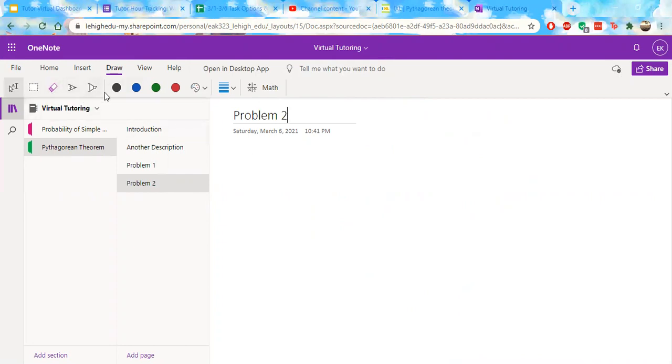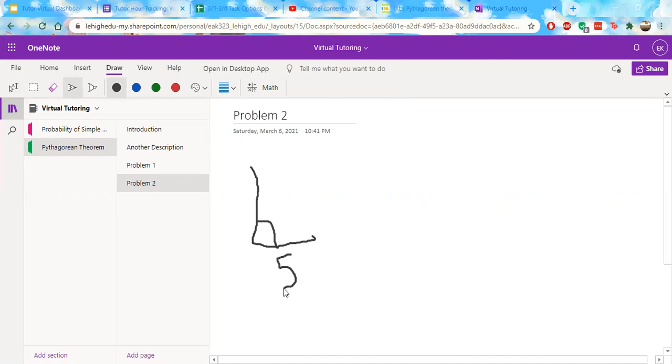So what we're going to do is have a right triangle, and the sides are, let's say, 5 and 10. So this is a right triangle. This side's 5, this side's 10. What is the hypotenuse, C?